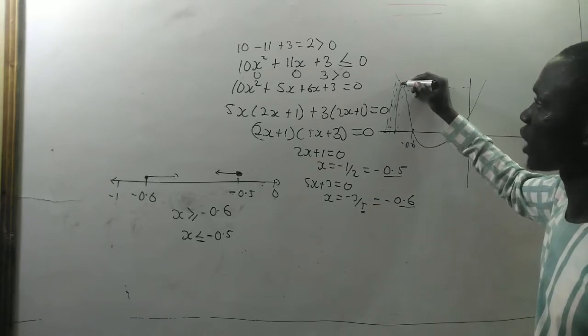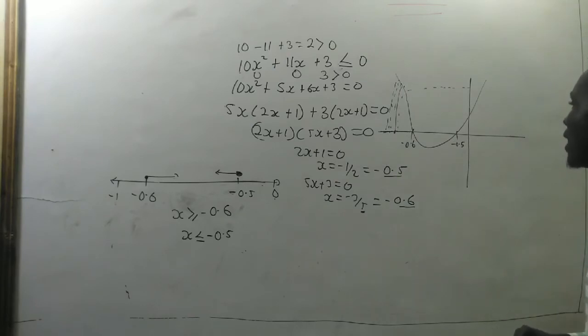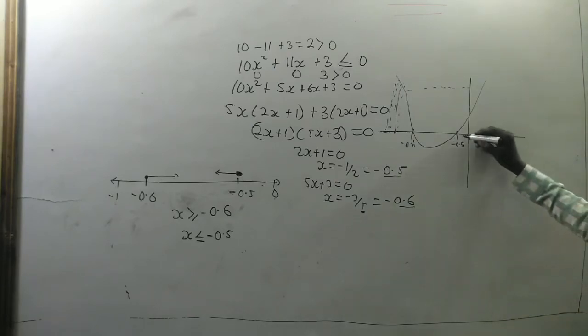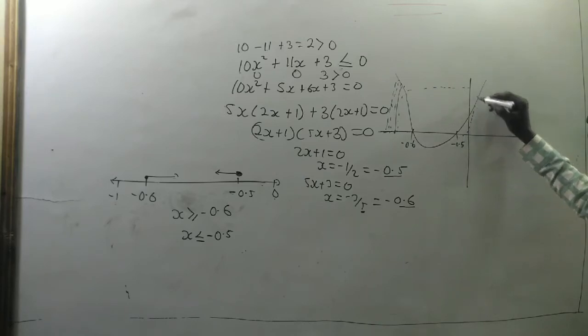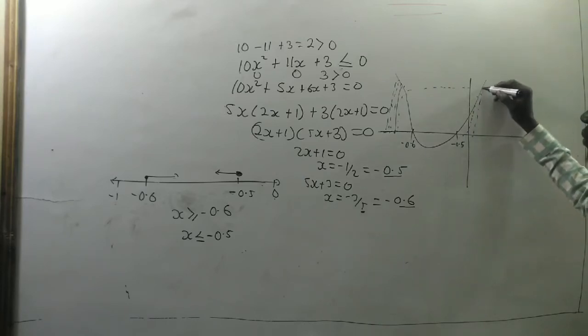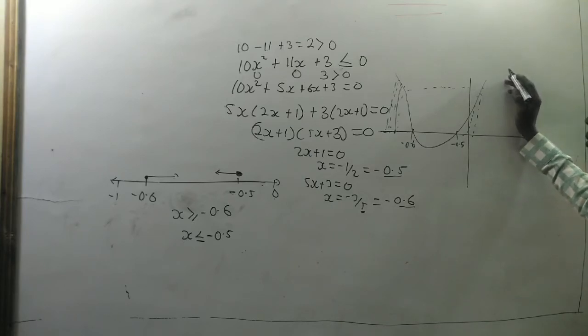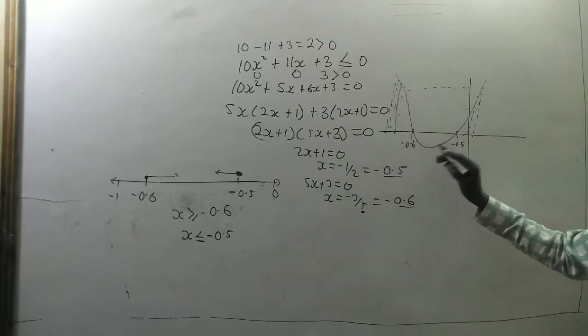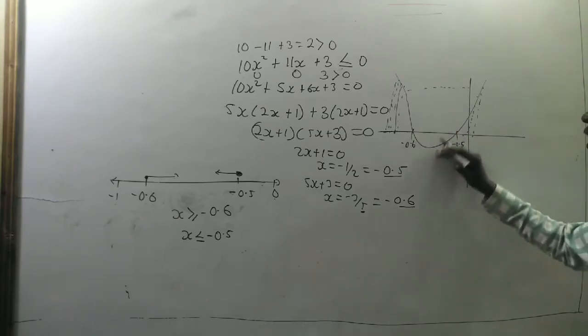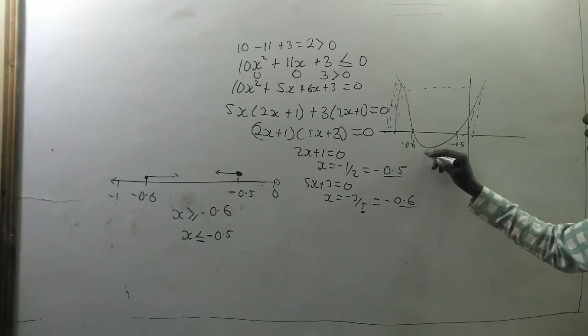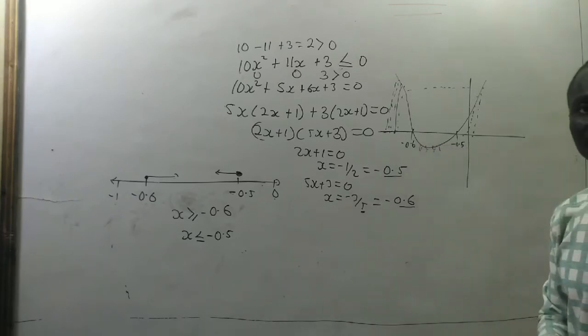And here too, if you take the values here, the y values will also what? Will go up. And they will be greater than the 0. Very simple as that. So we take the values that are less than the 0, and that is why we are coming to the middle here.